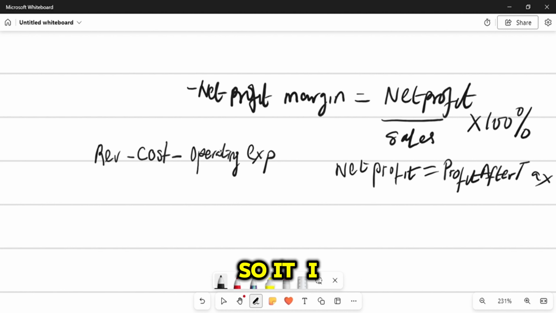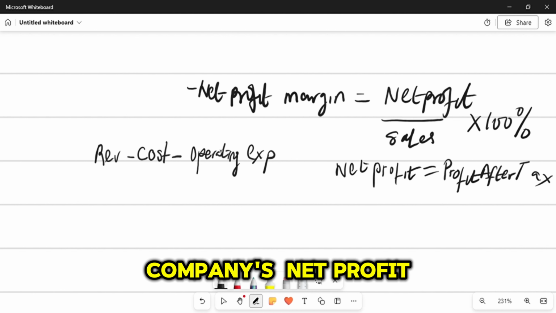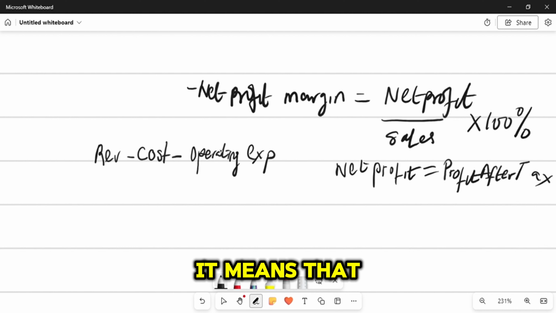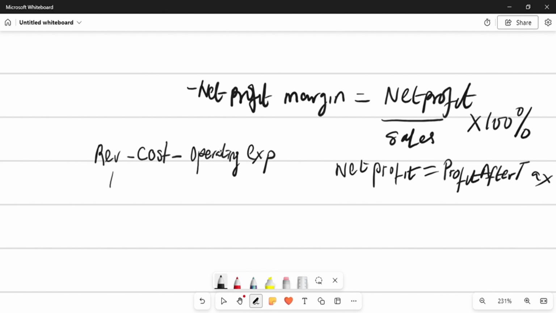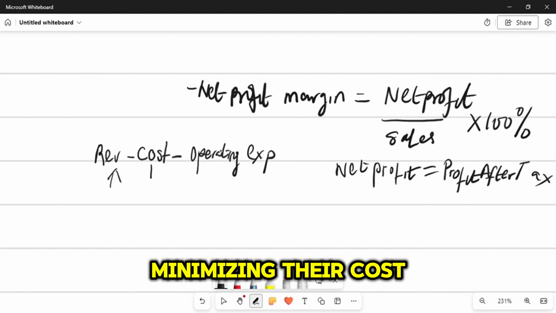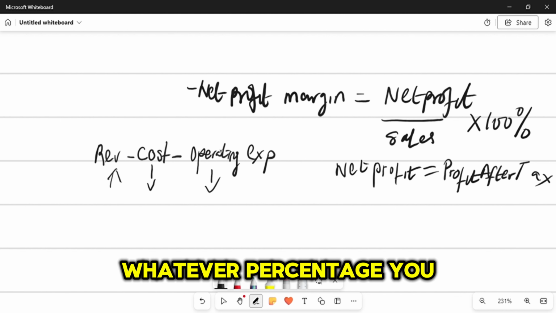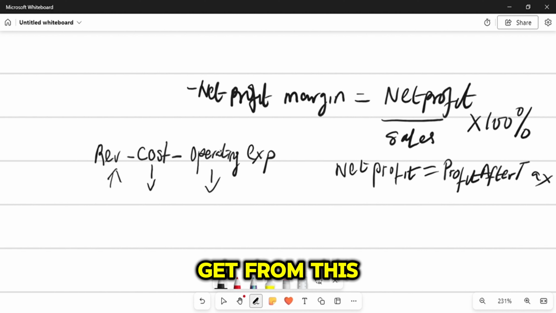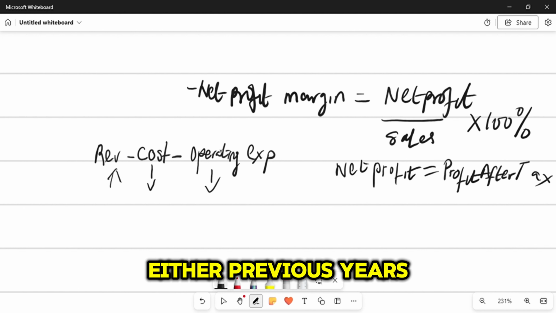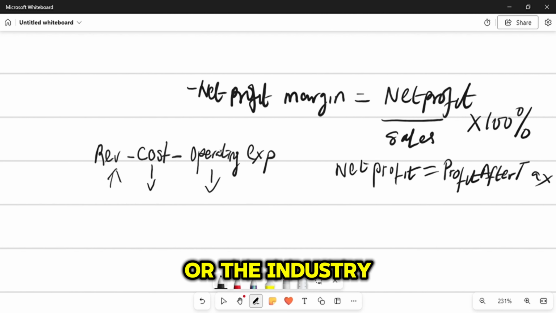So if a company's net profit is high, it means that the company is able to maximize their revenue while at the same time minimizing their costs and their operating expenses. And then again, whatever percentage you get from this calculation, you compare it to either previous years or the industry percentage.